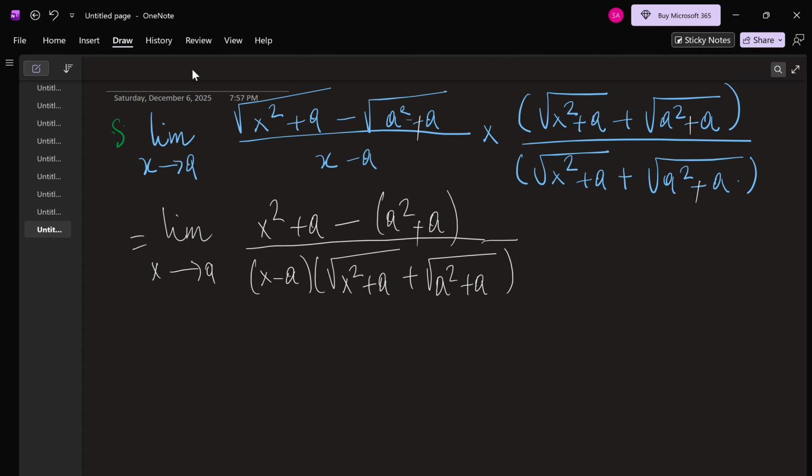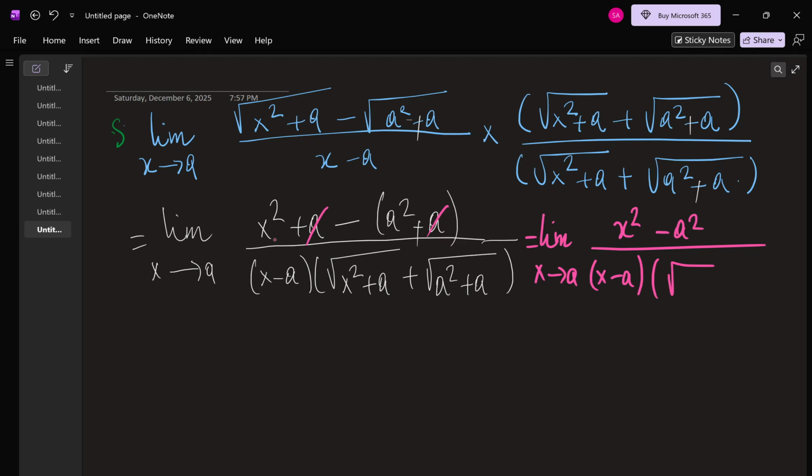So here we will simplify this: this a will go with this a. What remains is simply the limit when x goes to a of x squared minus a squared over x minus a times the square root of x squared plus a plus the square root of a squared plus a.